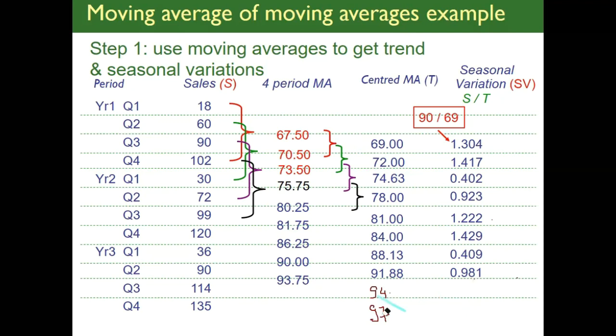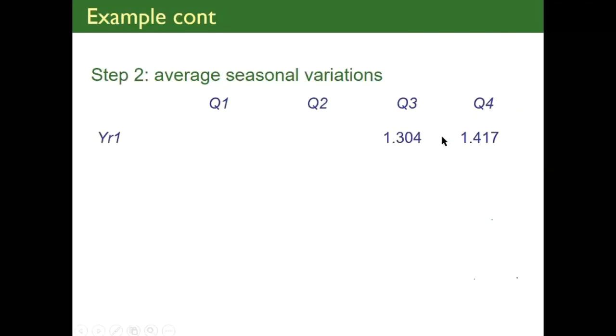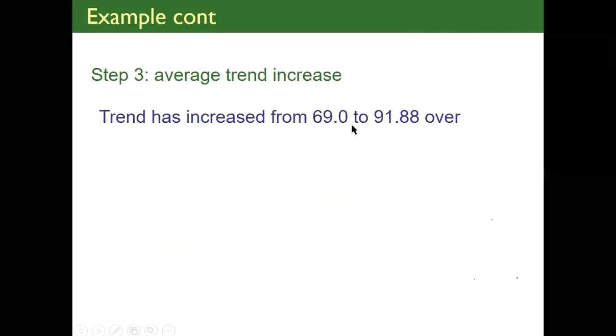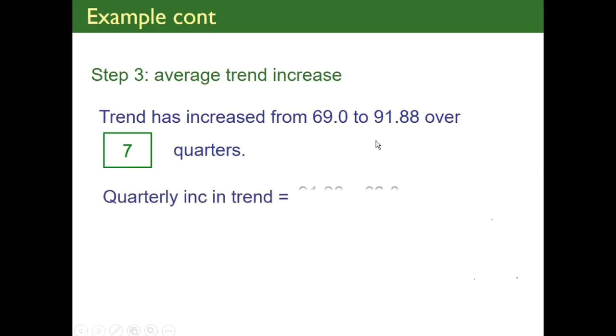So we go back there to calculate the average trend. We say that the average trend increases. The trend has increased from 69 to 91.88 over 7 quarters. So we can say that the quarterly increase in trend is approximately 3.